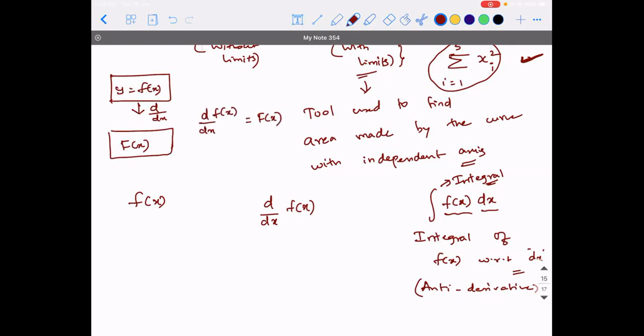You take this dx to the other side. Is this step clear, guys? If you differentiate sin x, where sin x is small f of x, what will be the capital F of x?